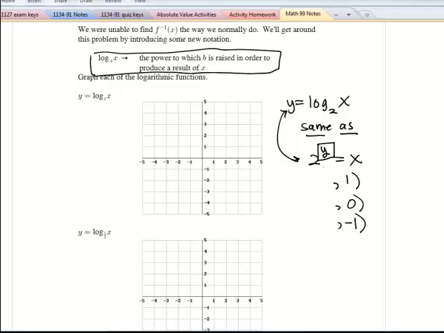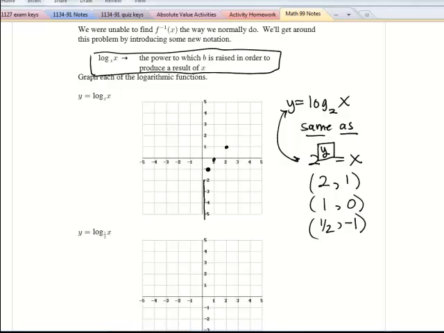Then I would use those to find the x's. If y is 1, I'd have 2 to the 1 equals 2. 2 to the 0 equals 1. 2 to the -1 would be half. And we've got it. My graph is going to look like (2, 1), (1, 0), (1/2, -1).